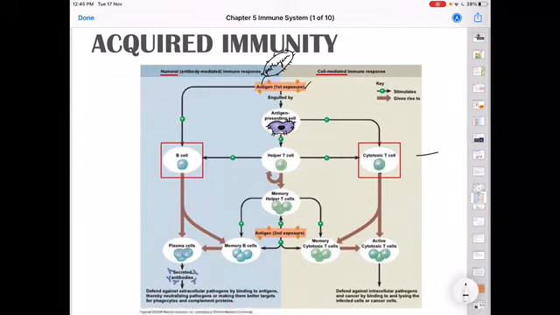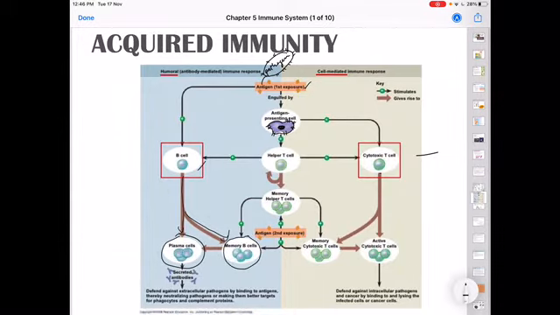Okay, apa yang awak perlu tahu untuk B cell dan cytotoxic T cell, kedua-duanya akan membunuh pathogen tersebut, tetapi caranya berbeza. Yang pertama ialah B cell. Apa yang B cell buat? Dia akan membentuk dua jenis sel. Yang pertama plasma cell, iaitu dalam darah kita.